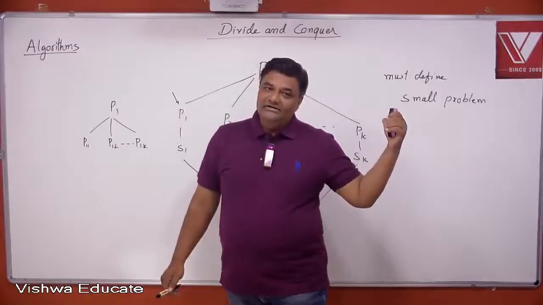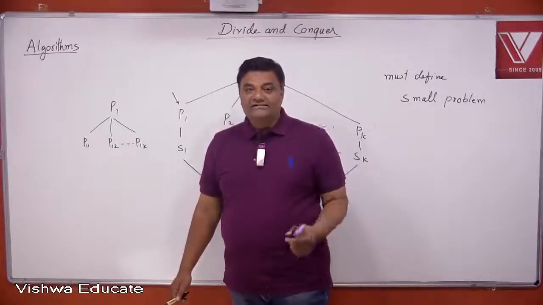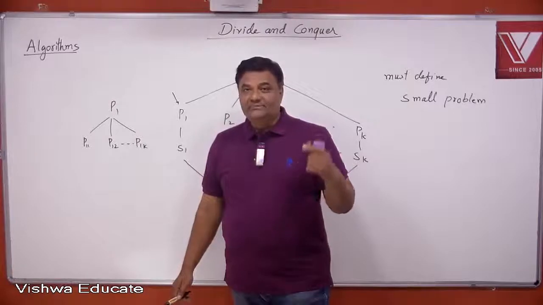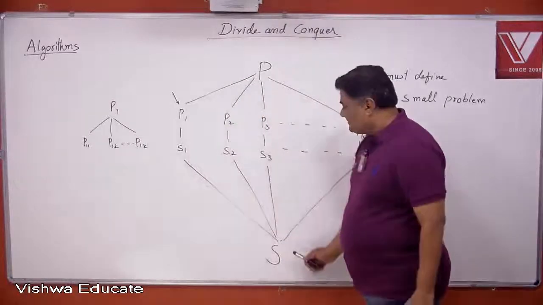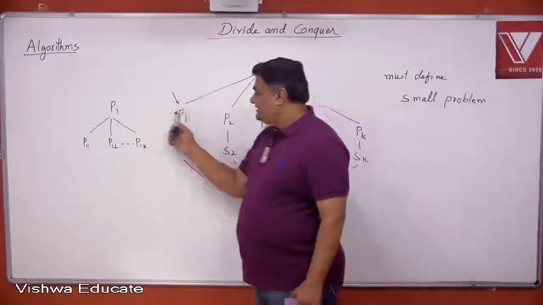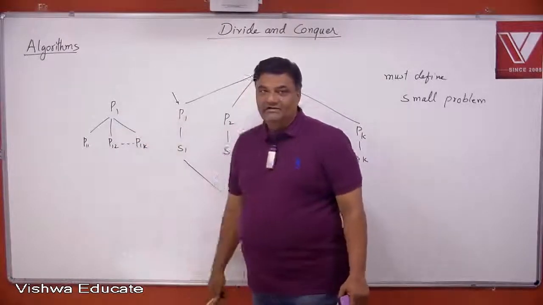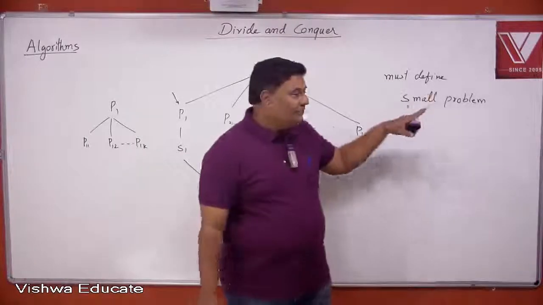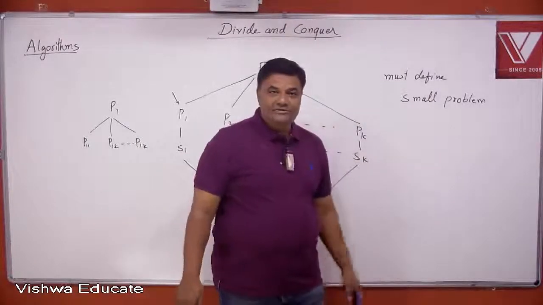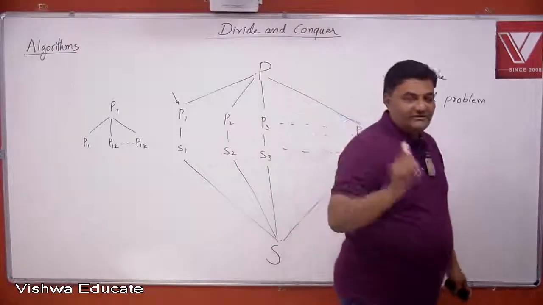Then the last point, the fourth point, is you must define what is a small problem. First one is this one. Second, if it is large, then apply divide and conquer. Third point is divide and conquer is recursive. Fourth point is we must define a small problem. So take these 4 points and draw this diagram.